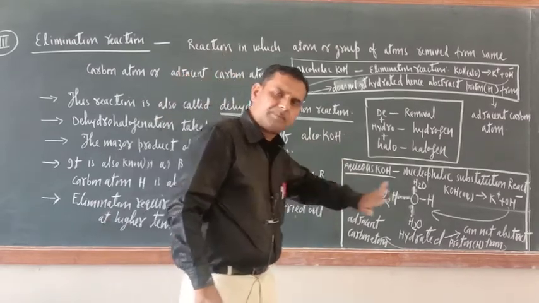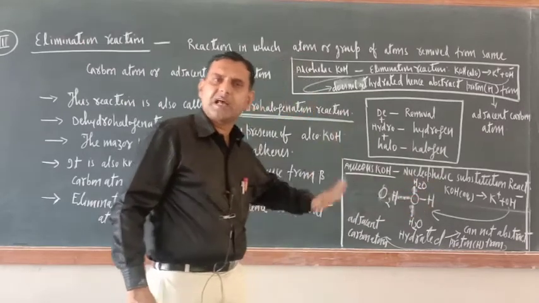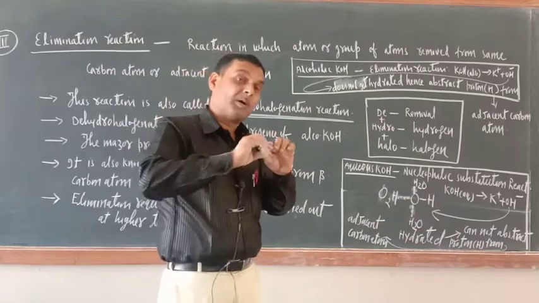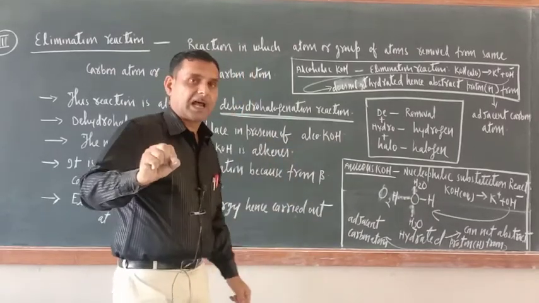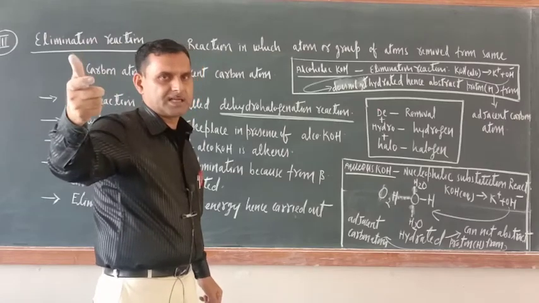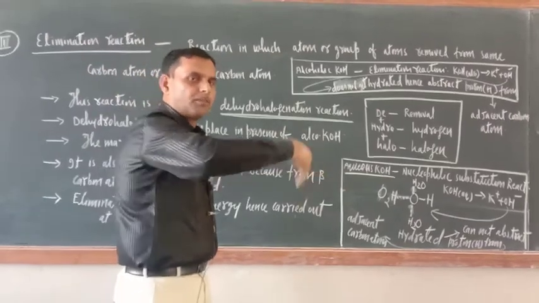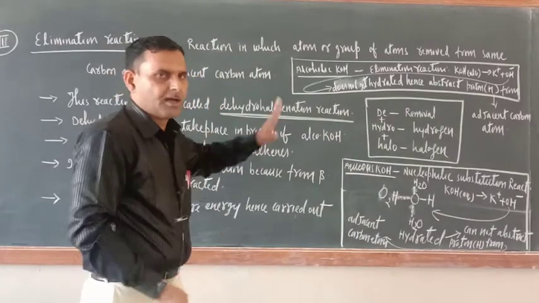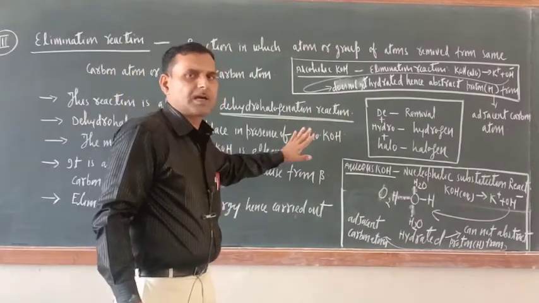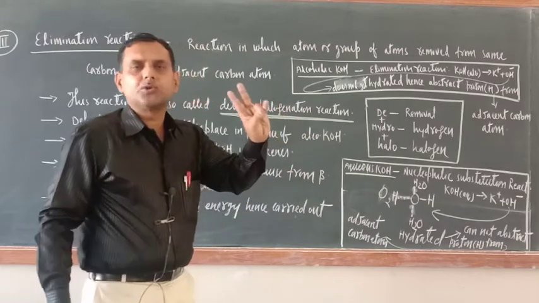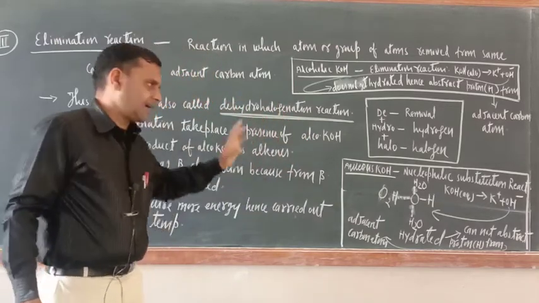Hydrogen will eliminate with somebody else and halogen will eliminate with something else. From the alkyl halide, halogen and hydrogen will be removed simultaneously. Hydrogen will go with one substance and halogen will go with another substance. When I teach you the reaction, then you will come to know. The name is dehydrohalogenation because two things are removed, hydrogen and halogen.